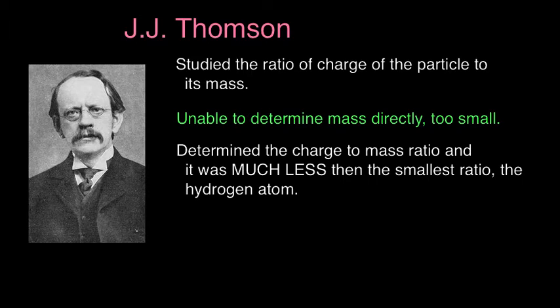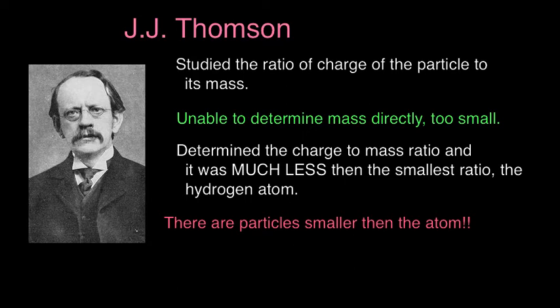And when he compared the charge these particles have to their mass, he noticed that this ratio was way, way, way less than that of the hydrogen atom, which is the lightest atom that they knew of. So this was a big discovery because it meant that there were particles smaller than the atom, because this charge to mass ratio was smaller than the smallest atom they knew of.